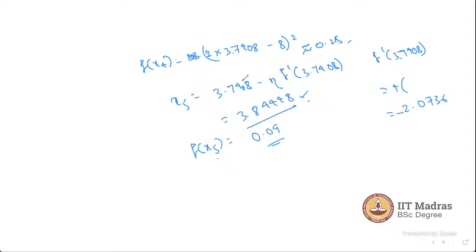Here we got x5 as 3.844, but if we calculate x6, we get 3.90 something. So isn't that within the 0.1 error given in the question? Because we are calculating the value of x, or rather the value of the function.